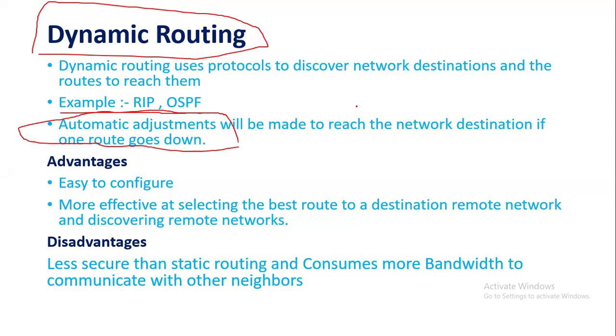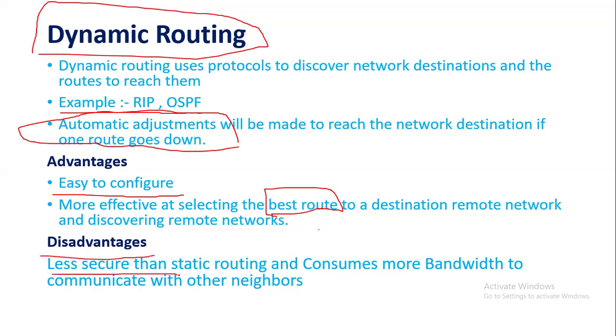So that is dynamic routing, and it is very easy to configure because you use the protocol for it. If you want to select the best route, they select it by default, or they use formulas or algorithms to reach the destination. But what are the disadvantages?